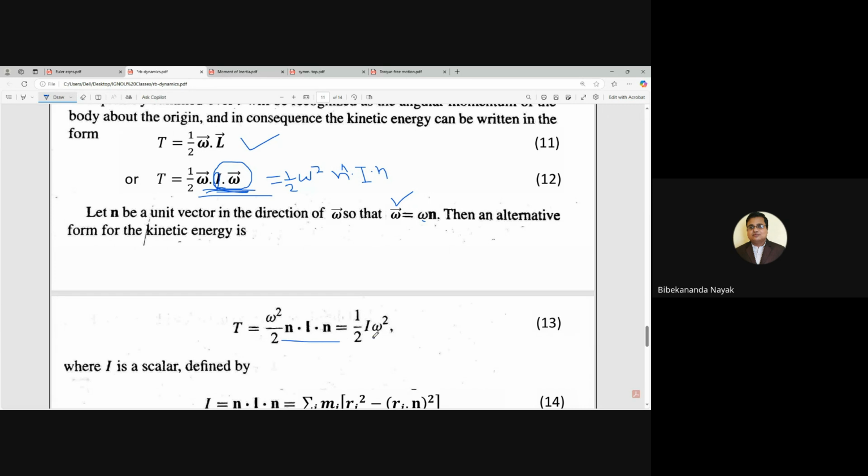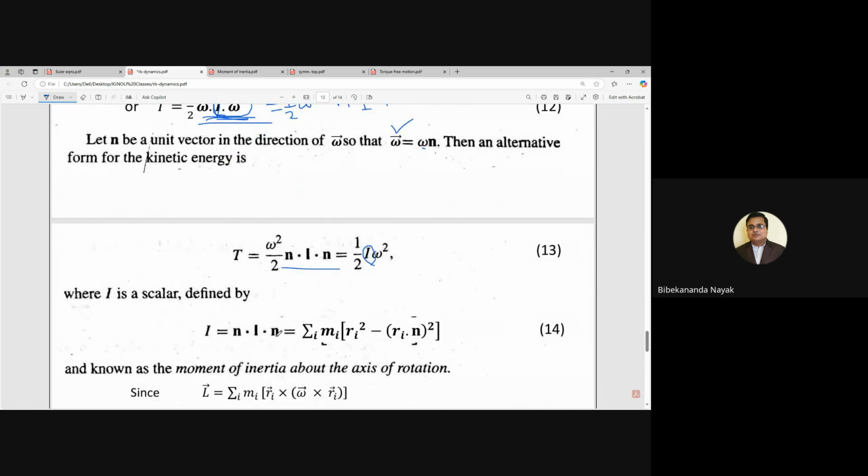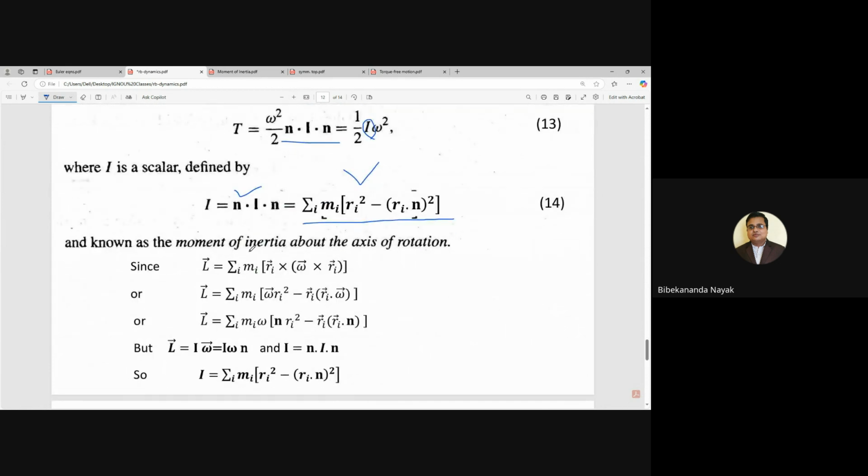It can be written as a small scalar I. So the kinetic energy becomes half I omega square. That scalar I is defined by n cap, or in explicit form, the sum of m_i (r_i square minus (r_i dot n) square), known as the moment of inertia about the axis of rotation.